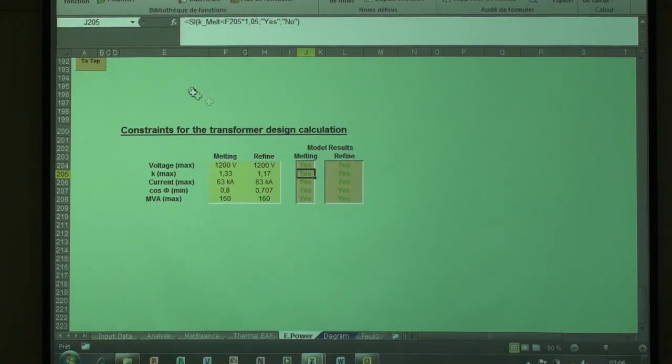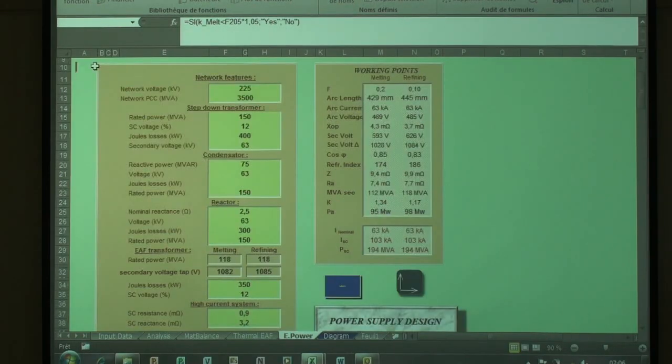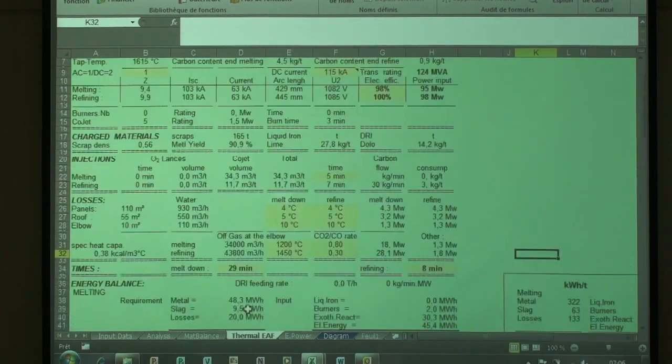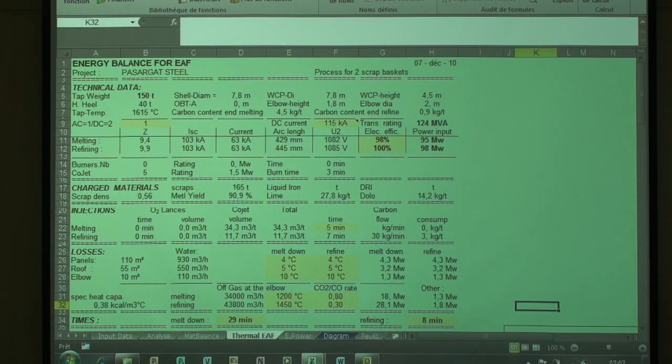In fact, it's just the repetition of the conditions I have in the solver. So we have seen input data, analysis, material balance, electrical power. Now we go to the thermal balance.